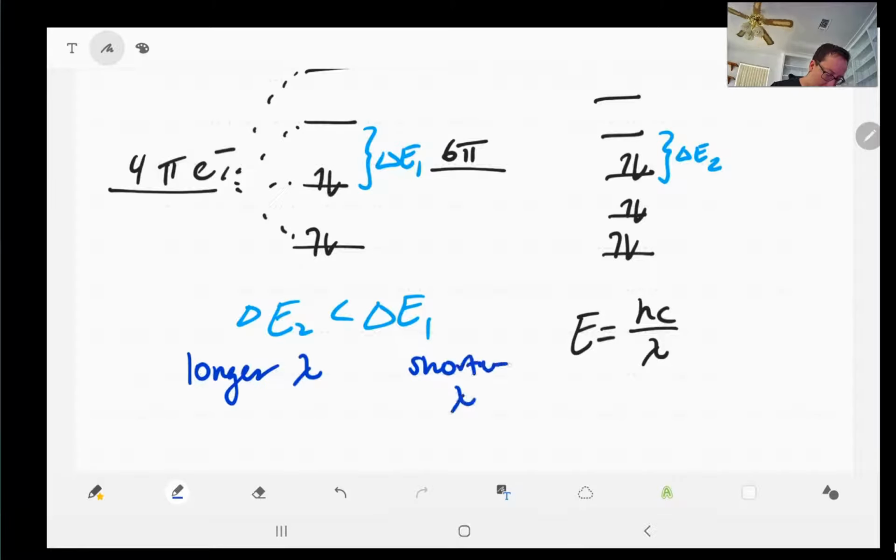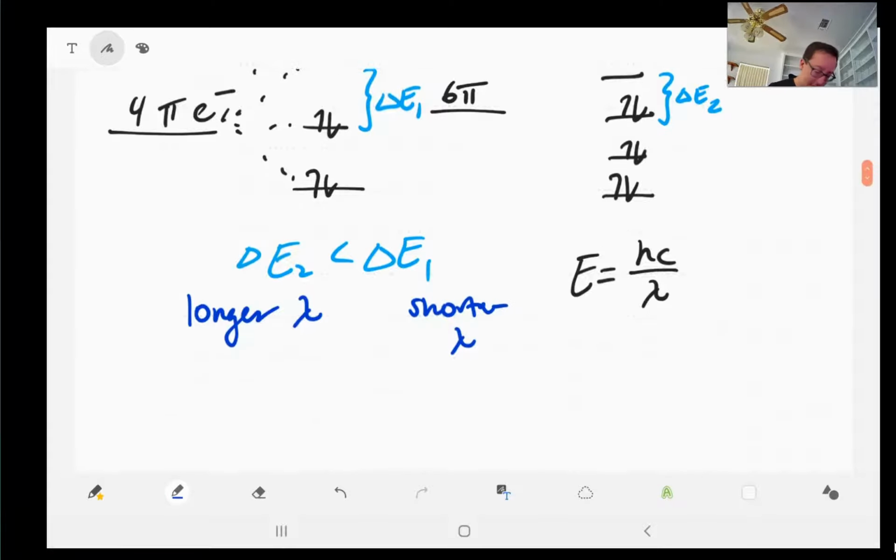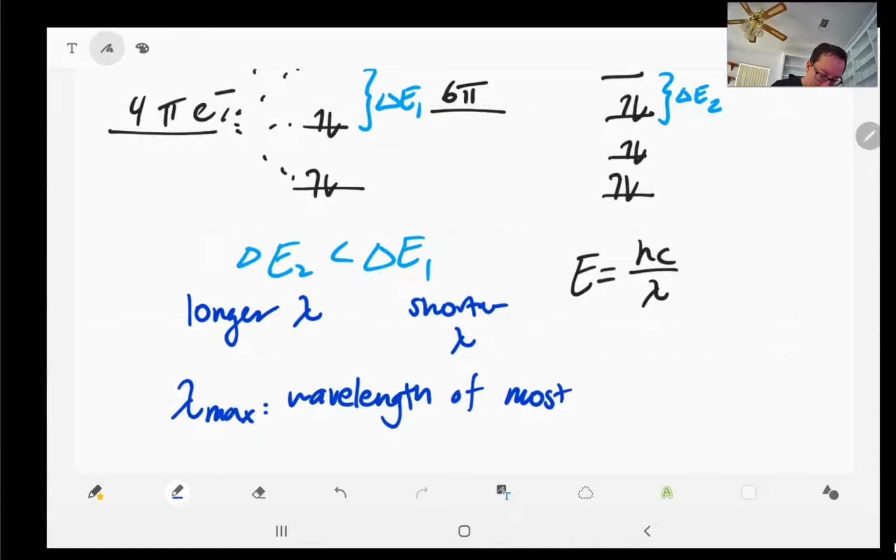And when we're talking about a conjugated system, we're talking about where the molecule absorbs the most energy. And we call this lambda max. This is going to be the wavelength that gets absorbed the most.